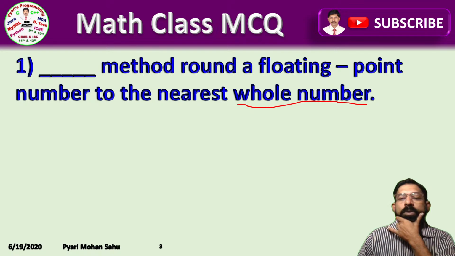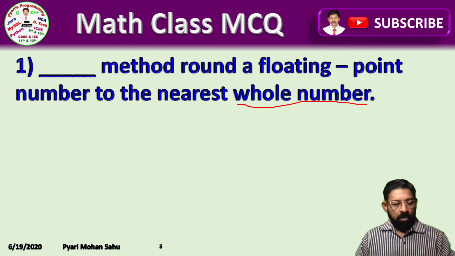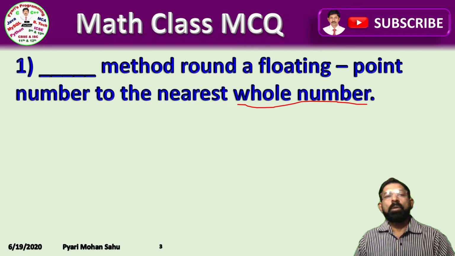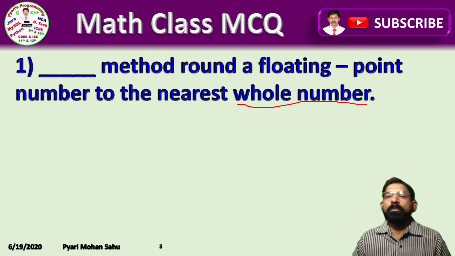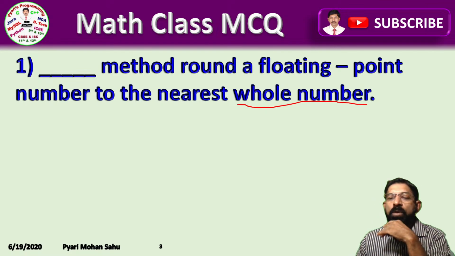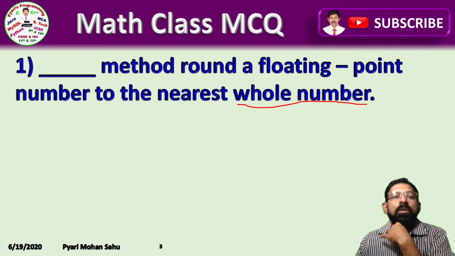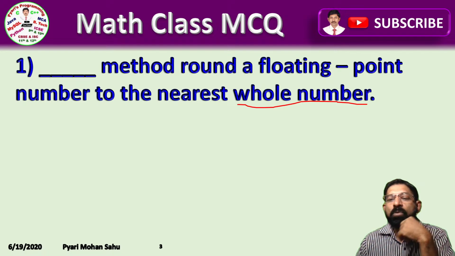No one? So I got one candidate answer, two candidate answers. First one is round, second one is round with parenthesis, third one is round. Don't you think that in the question it is talking about method?